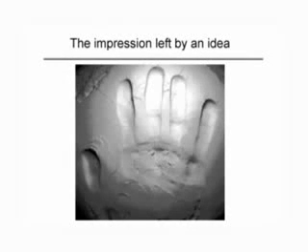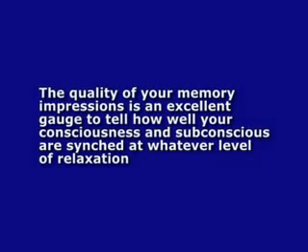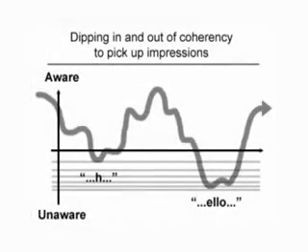The onset of these memory impressions is one of the first signs that you're entering a good trance. Remote viewers usually access memory impressions while they're fully conscious, and in fact you can access memory impressions at any level of relaxation. However, most often you'll encounter them during fairly deep relaxation. In the course of your lucid dreaming induction, you may find a lot of times memory impressions seem to be the result of dipping in and out of coherency.